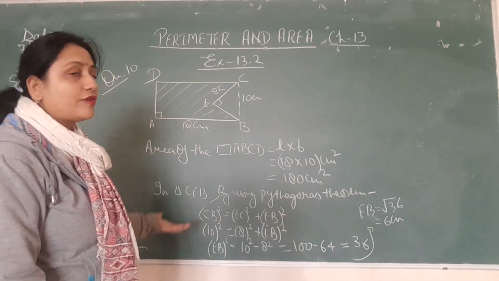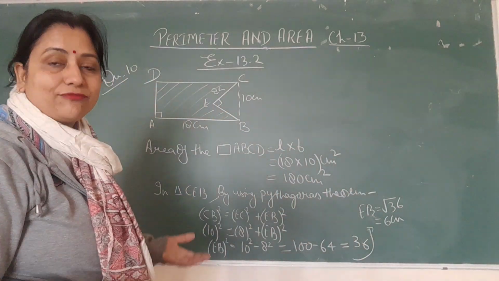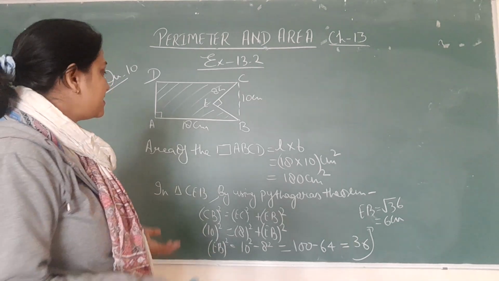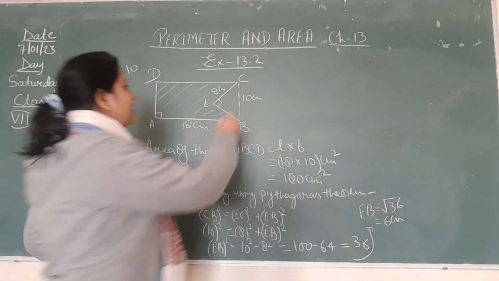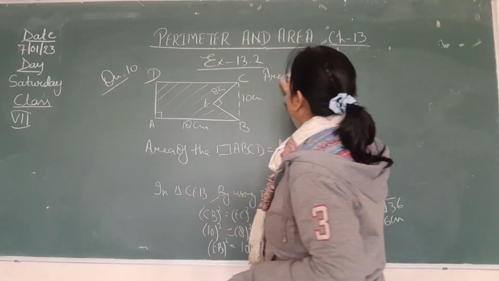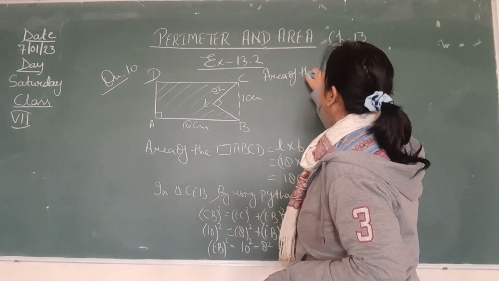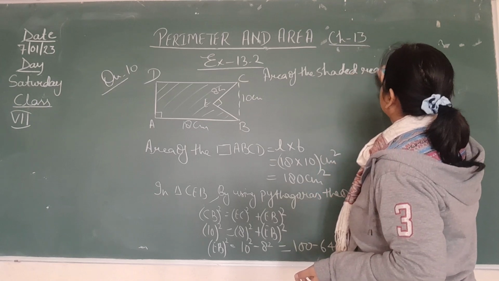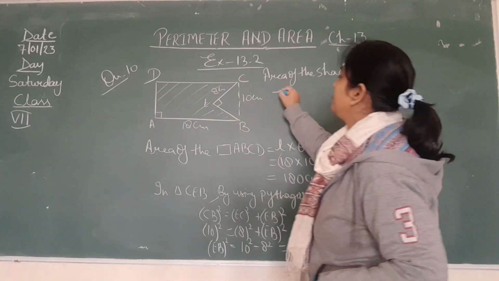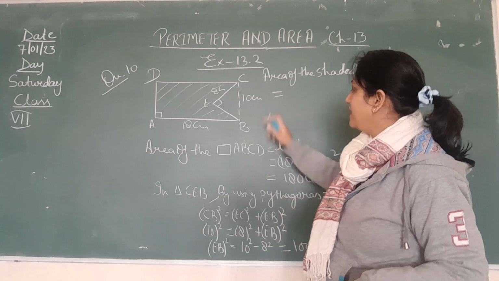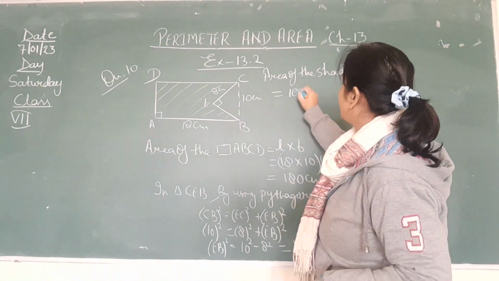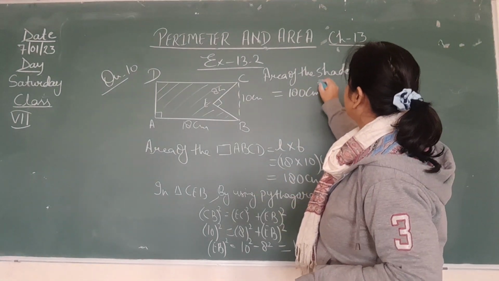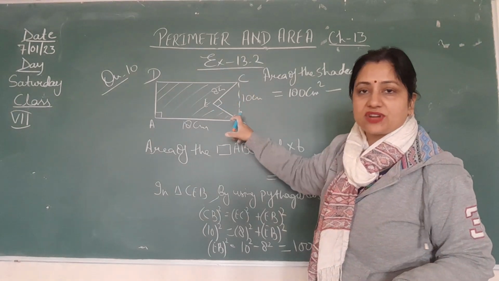Now simply we have to find the area of the shaded region. Area of the shaded region is equal to the area of this rectangle, which is 180 centimeter square, subtracted by the area of this triangle.